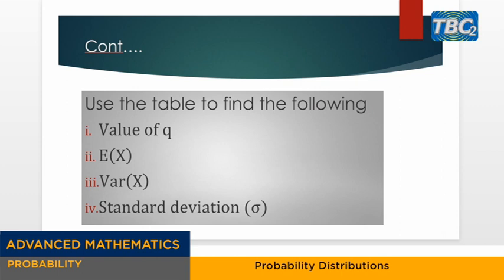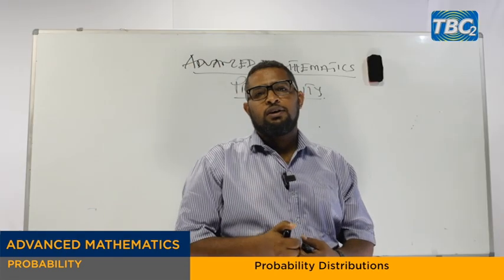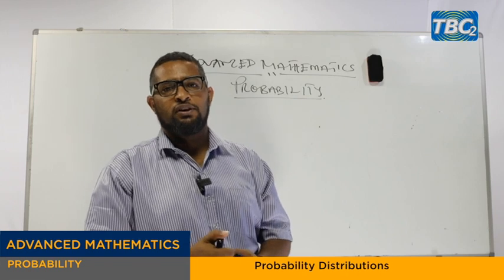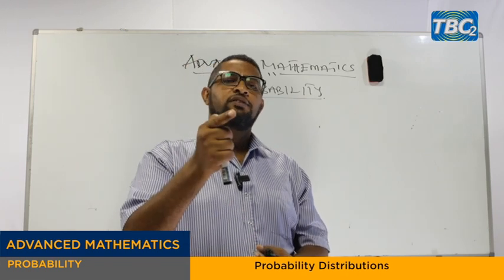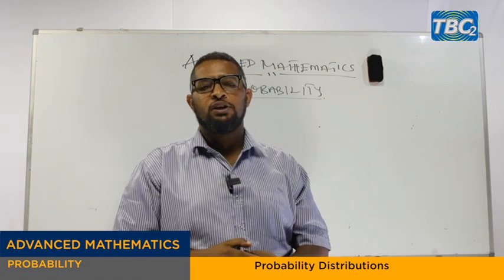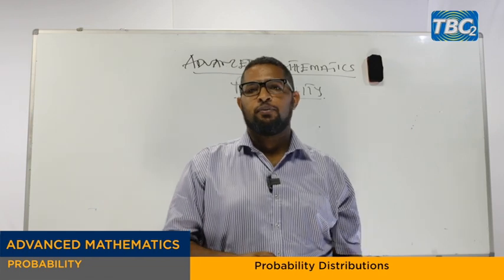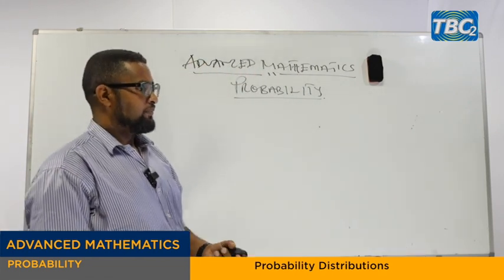First, the value of q. My dear student, how are you going to find the value of q? Now remember the first part of the lesson. I said there is a formula that gives the summation of all probabilities, which is equal to 1. Now it's time to use that formula. Let's go together.